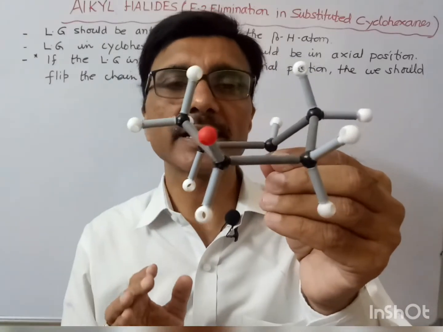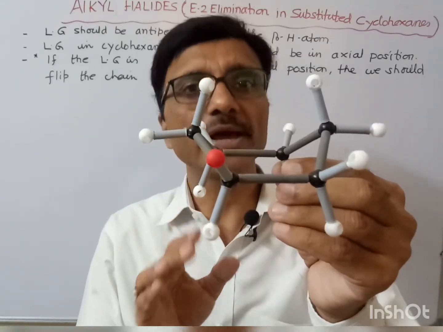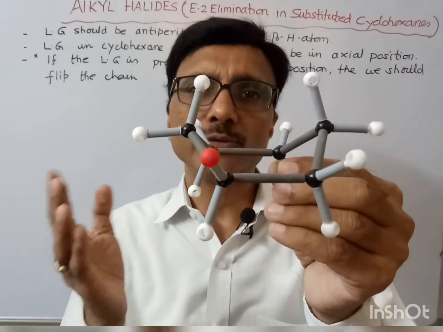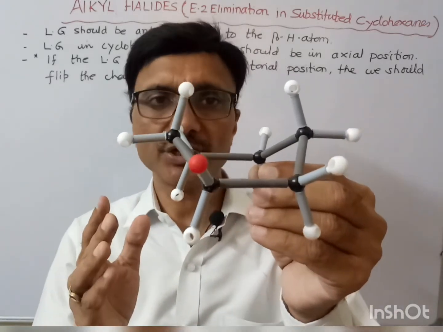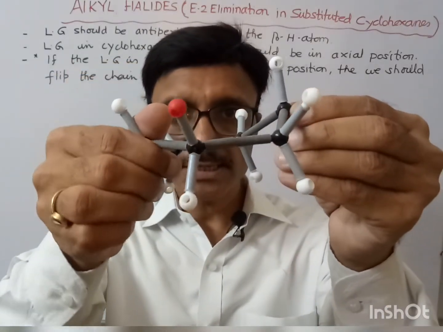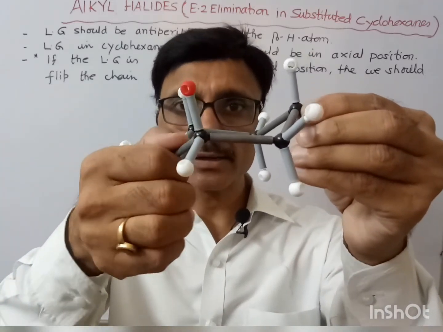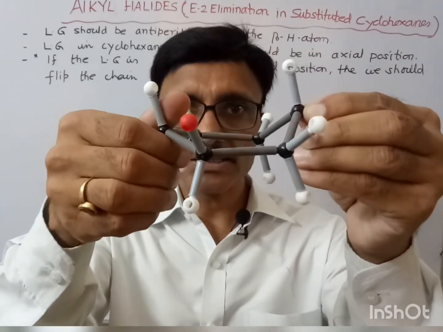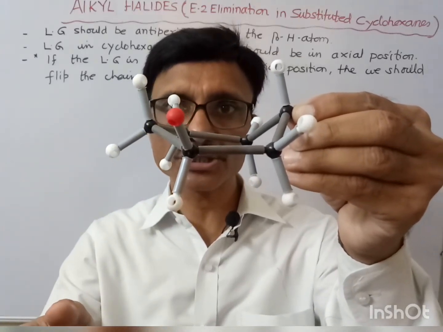So we know that cyclohexane can exist in a stable chair form, then in boat form, in twisted boat form, and in half chair form also. This is the boat form, this is the chair form, and again this is the half chair form, but the half chair form is not a stable form.